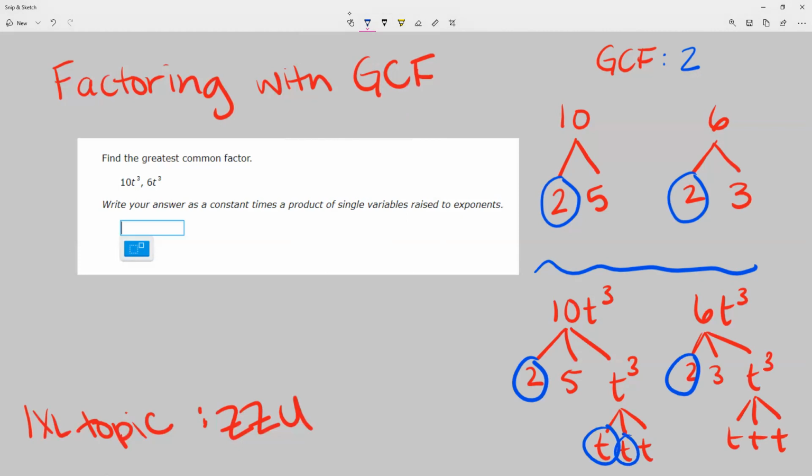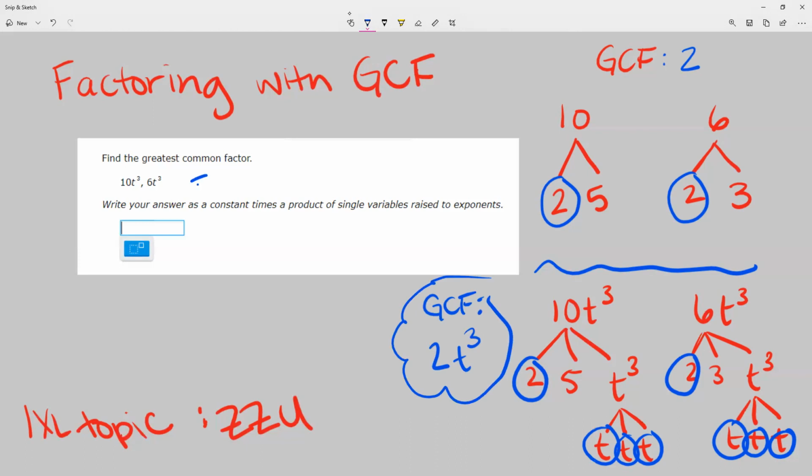And I have t, t, and t here, t, t, t here, and those match, which means that the things that I circled, the greatest common factor for this one is 2, and then t to the third power. So I'm really just looking for that same idea of what's the largest amount of things I can pull out of this, right? So let's move on and see.